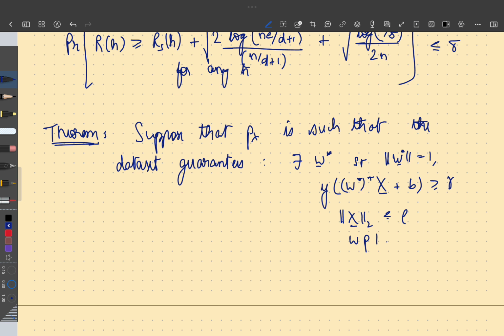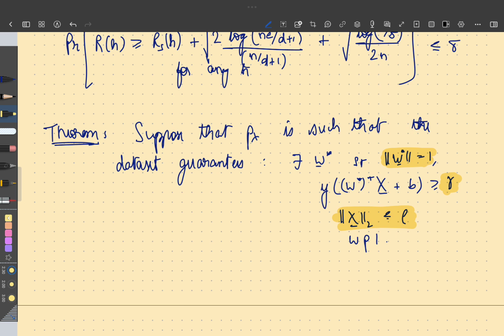So your data generating the ground truth is such that the true classifier has norm of w equal to 1, and when w is scaled appropriately, the L2 norm of x of the data point that you observe is guaranteed to be less than or equal to rho with probability 1, and it's going to correctly classify with margin at least gamma.